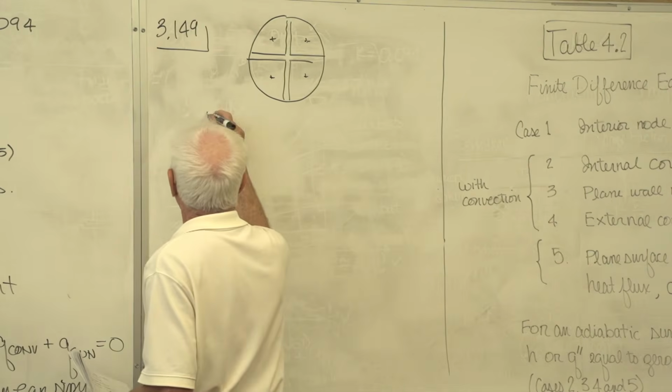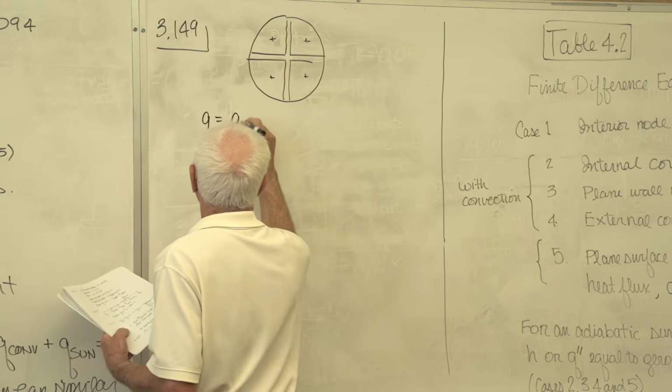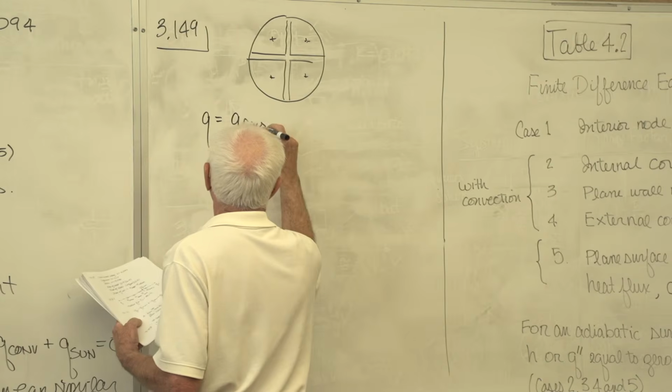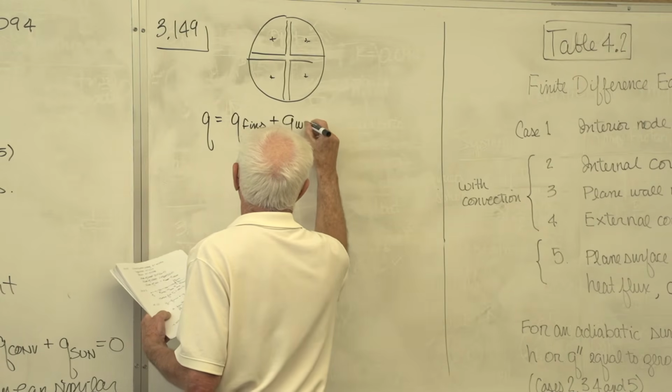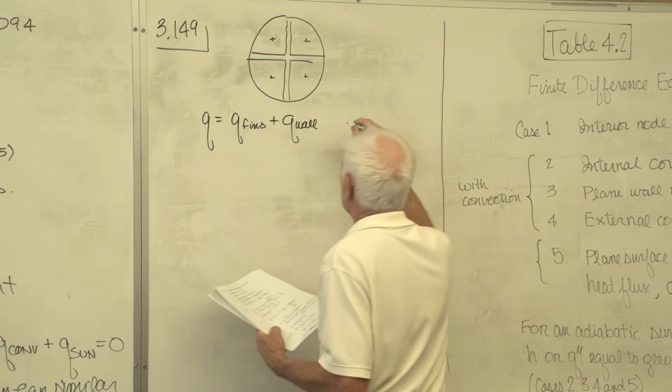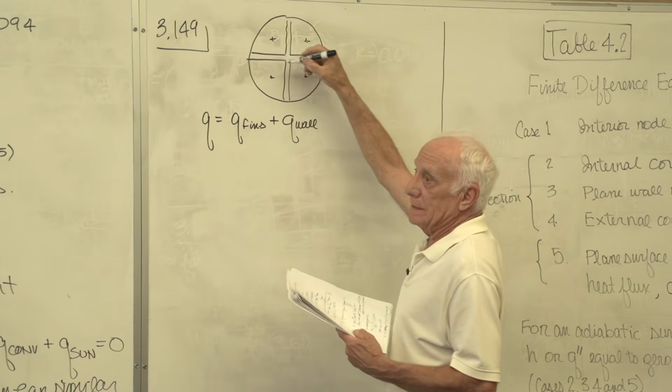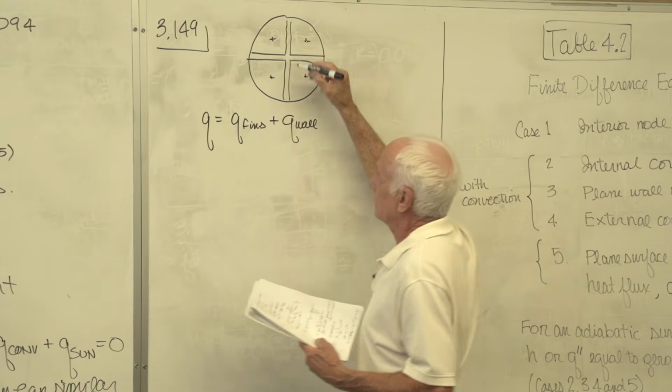So I have Q equal Q from the fins plus Q from the wall. These guys behave like fins.